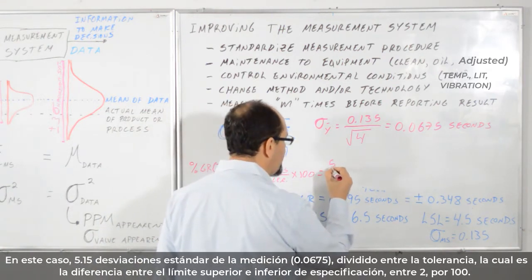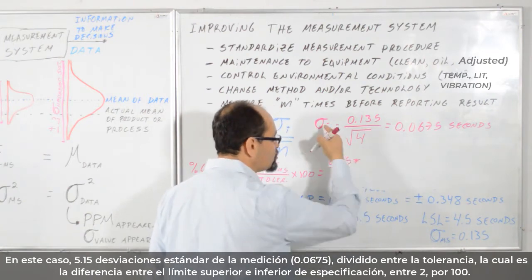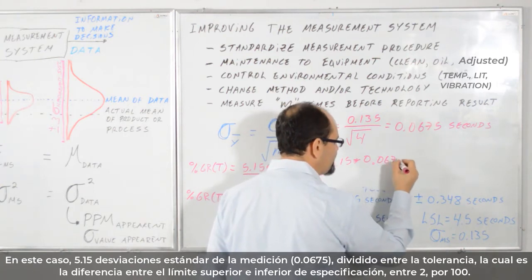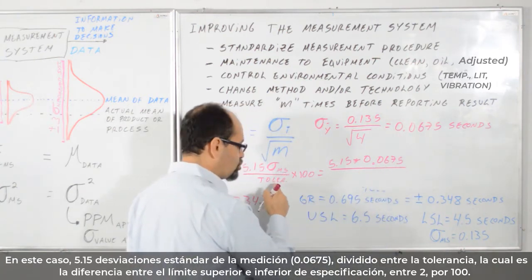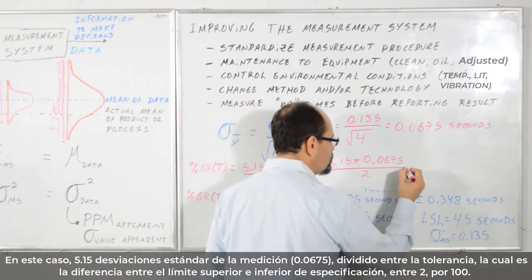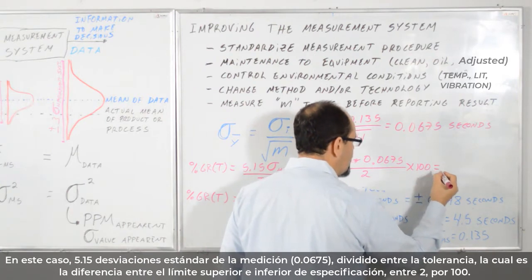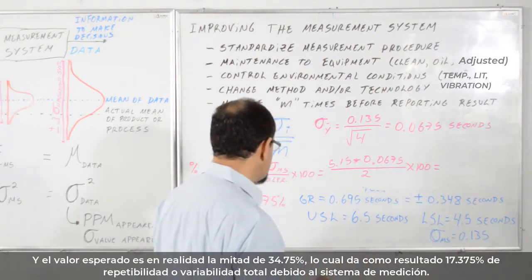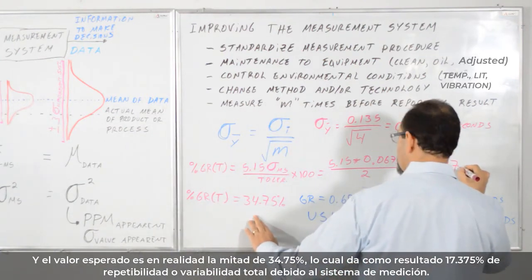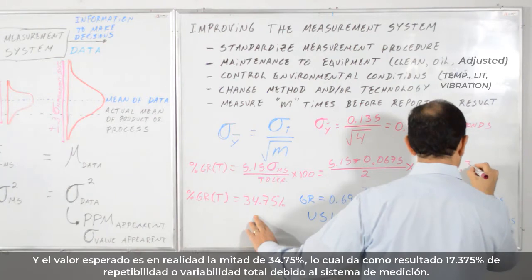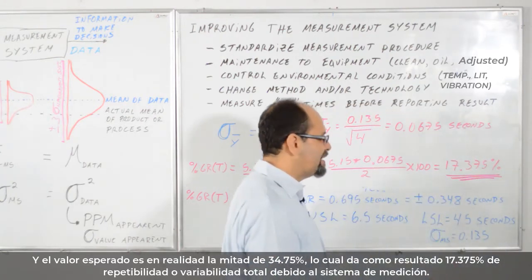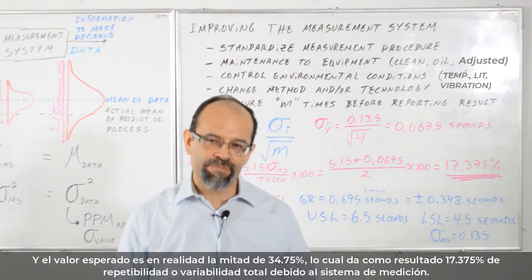In this case, 5.15 times the standard deviation of the measurement, 0.0675, divided by the tolerance, which is the difference between the upper and the lower specification limit, 2, times 100. And well, the expected value is actually half of this, which is 37.5% of repeatability, or total variability because of the measurement system.